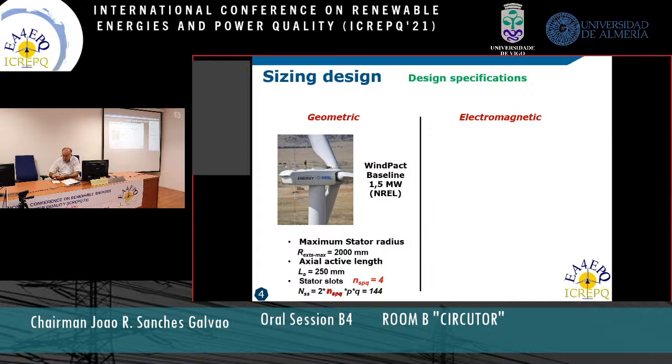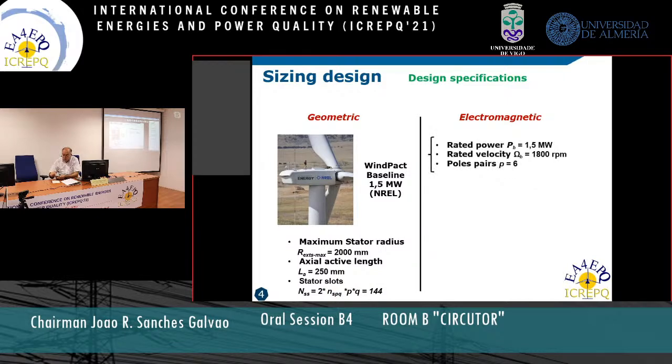We are choosing a value of 4 based on a literature review. This value has been proven to eliminate the fluctuations in the shapes and the curves of the electromotive force and thus minimize the torque ripple. So our wind turbine will have 144 stator slots.